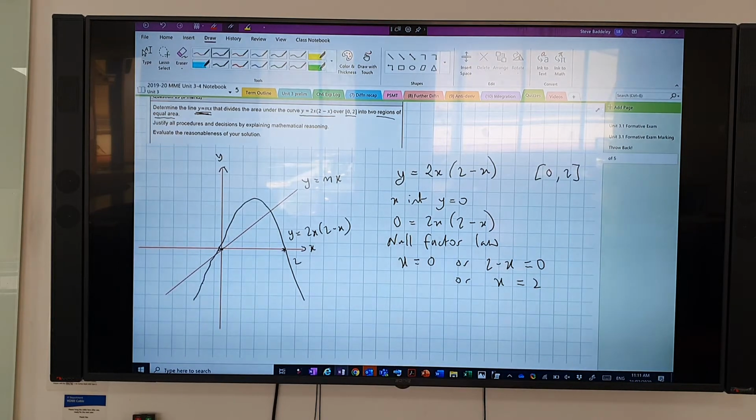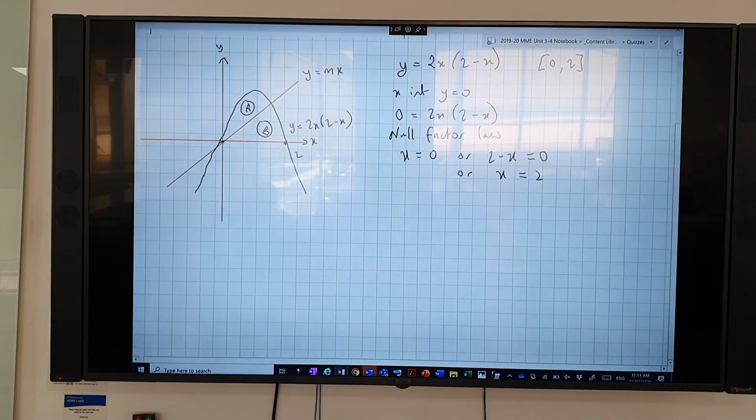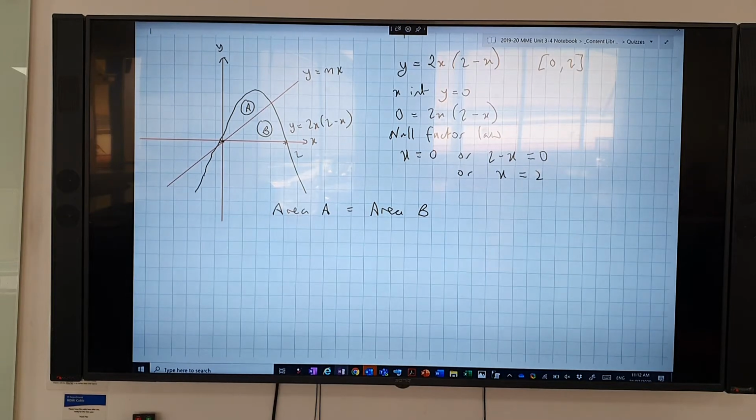So you've got to make it so that these 2 areas are the same, aren't they? So to make the areas the same, we're going to have area A and area B. Now area A and area B have got to be what? Equal. Or you could say area A has got to be half of the total area.